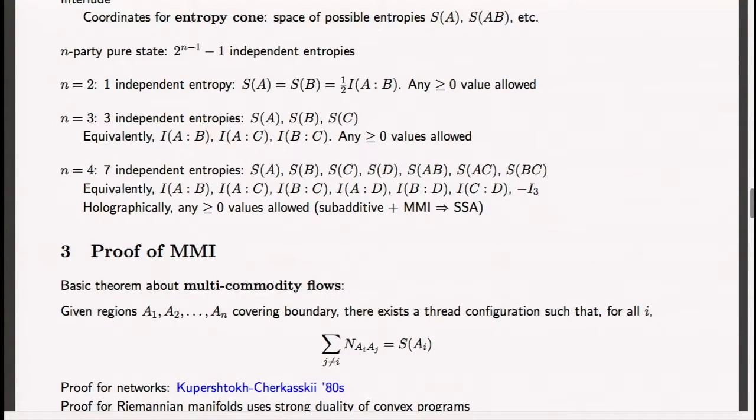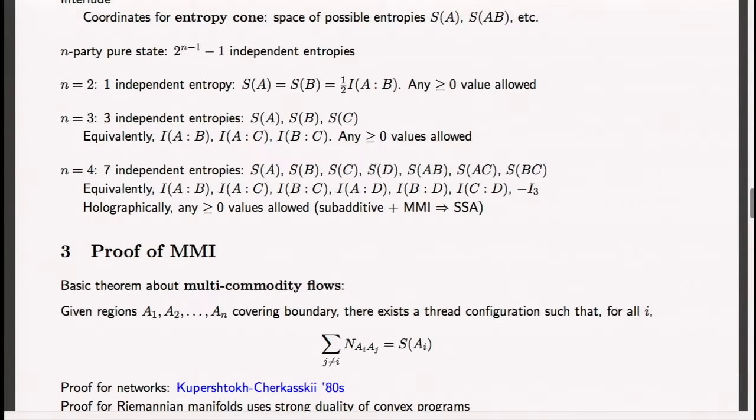For any thread configuration, the number of threads connected to any A_i is at most S of A_i. That's the definition of S of A_i. There's a thread configuration which manages simultaneously to saturate all of those bounds for all of the A_i. It's actually very surprising that this is possible.